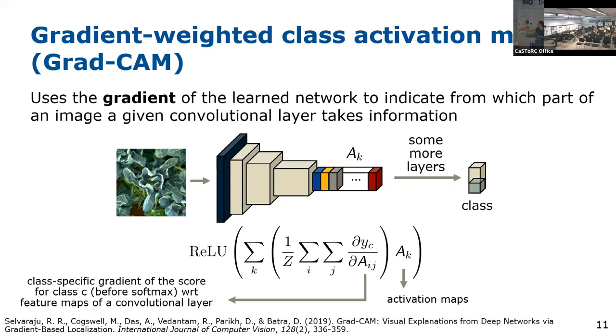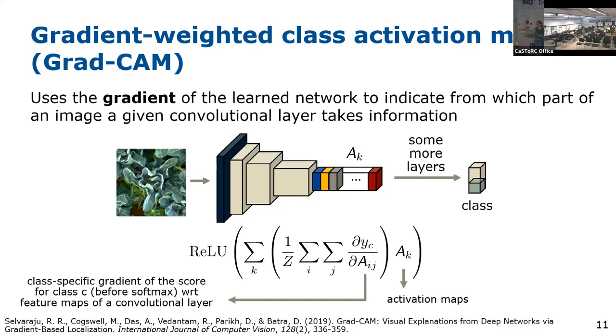Then you do an average pooling, which is just a fancy word for taking the average. You can see this part as a weighting of the activation maps. And you take a ReLU, which just cuts off all negative values, because you just want to know how much each pixel contributed to the decision. And if you scale this up, you also get a saliency map.